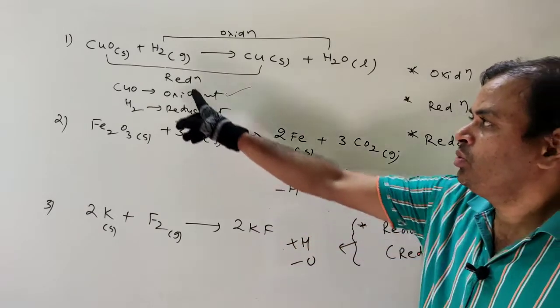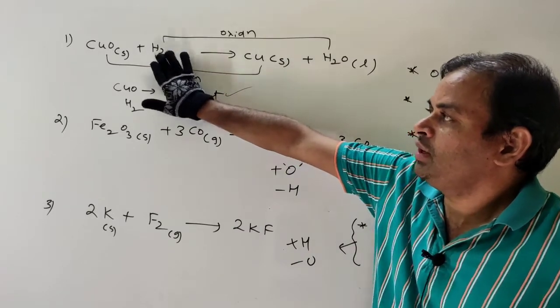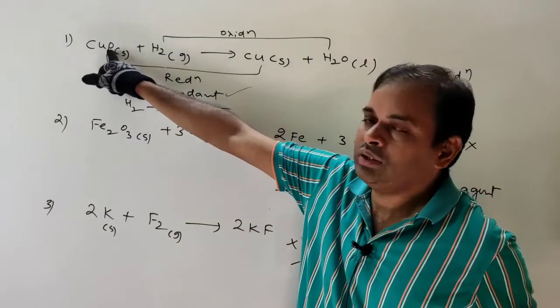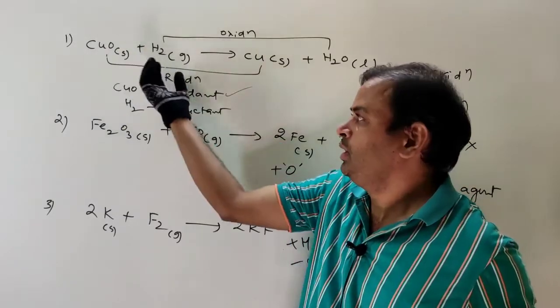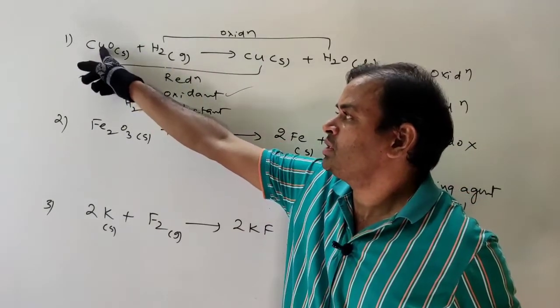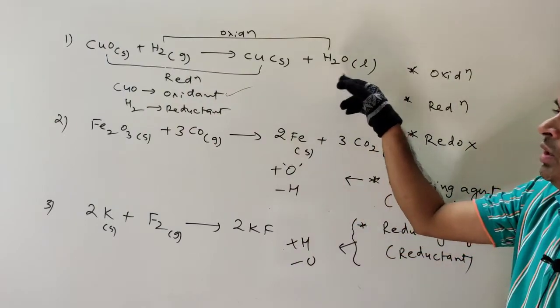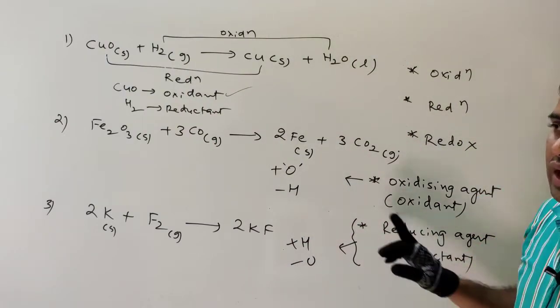Hydrogen removes this oxygen from CuO, so it is the reducing agent.